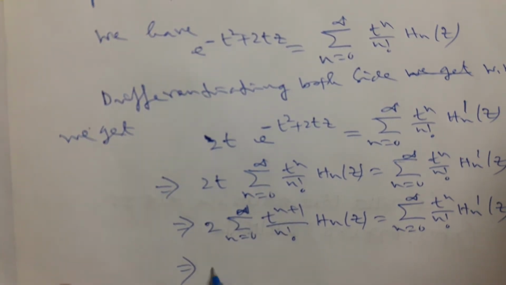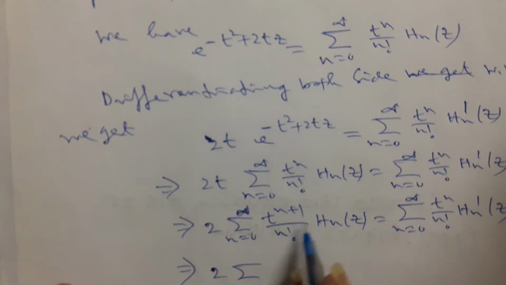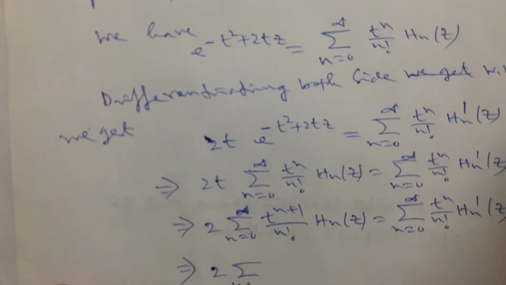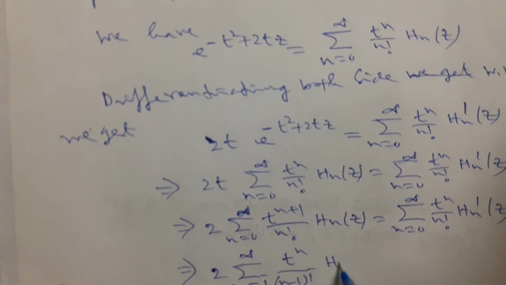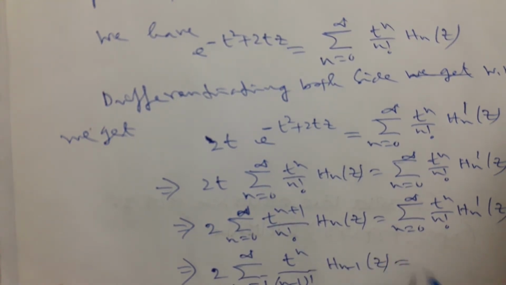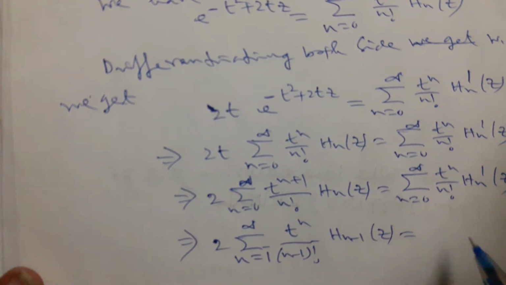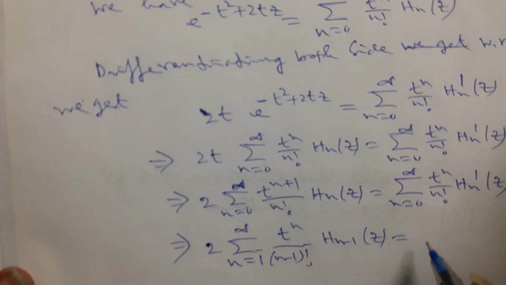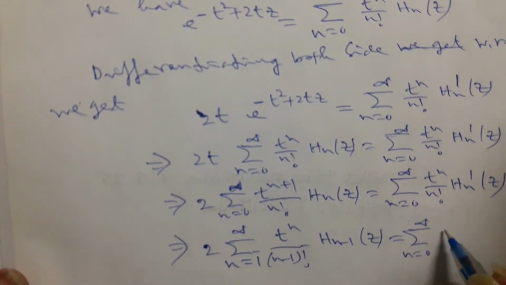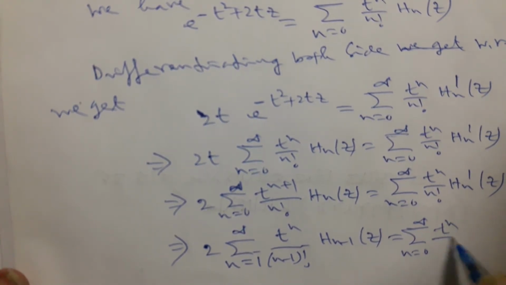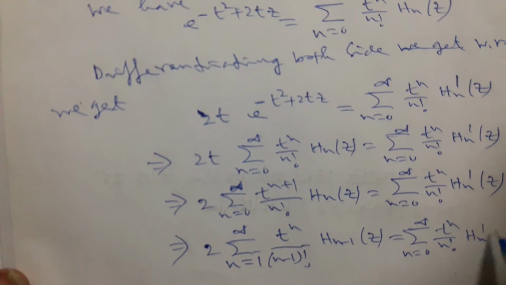If we replace n by n minus 1, then the sum goes from n equals 1 to infinity of t to the power n by n minus 1 factorial Hn minus 1(z), adjusted, and here n equals 0 to infinity t to the power n by n factorial into Hn'(z).